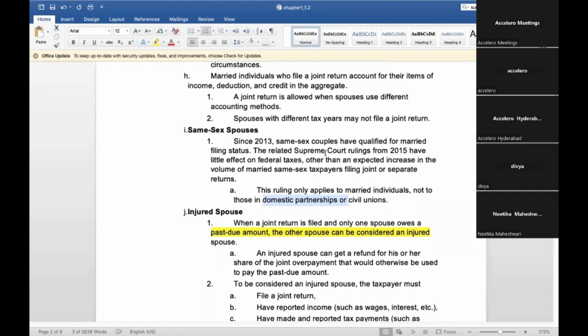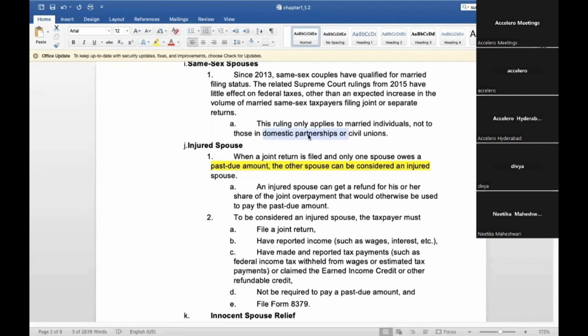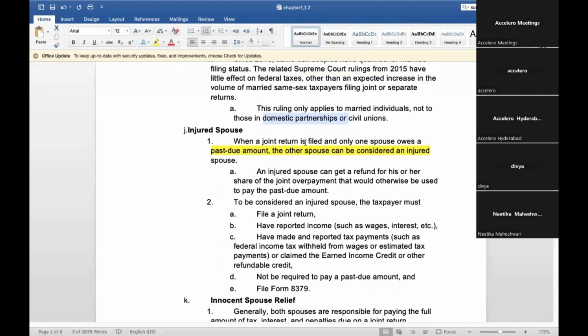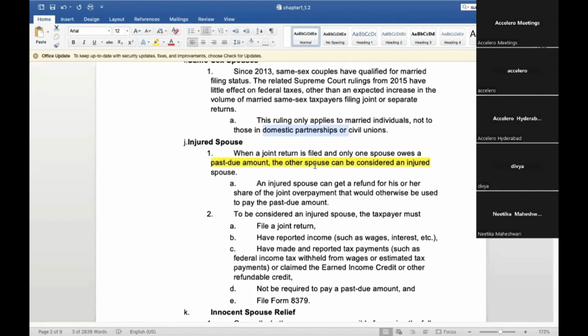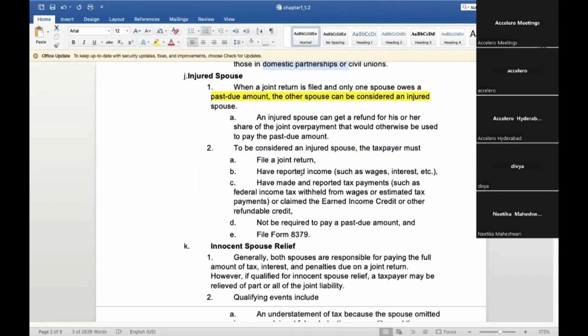I think there have been some Supreme Court rulings from 2015, and a lot of things happening, like people wanting more rights. So at least same-sex spouses can file joint returns with the IRS only if they're legally married, not by having a domestic partnership. That doesn't apply. And not every state has recognized the marriage, so whichever state is recognizing it, they can get married over there and file the return.